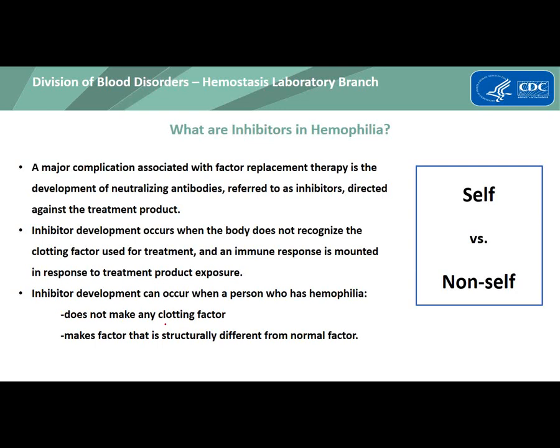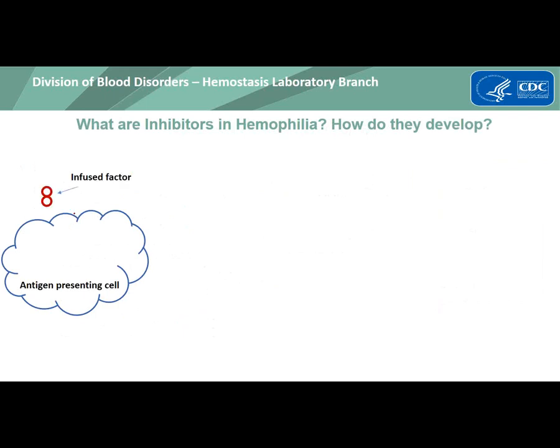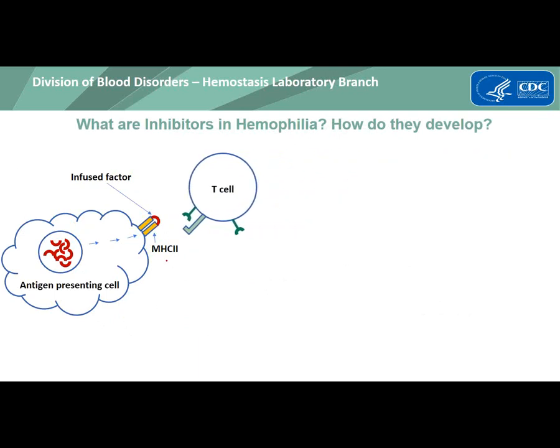And the way that this might occur is depicted in a simplified cartoon shown on this slide, in which an antigen presenting cell, for instance, a dendritic cell, encounters infused factor. That factor can become internalized and then processed by the cell, such that a portion of that molecule is displayed on the surface of the cell via an MHC class II molecule.